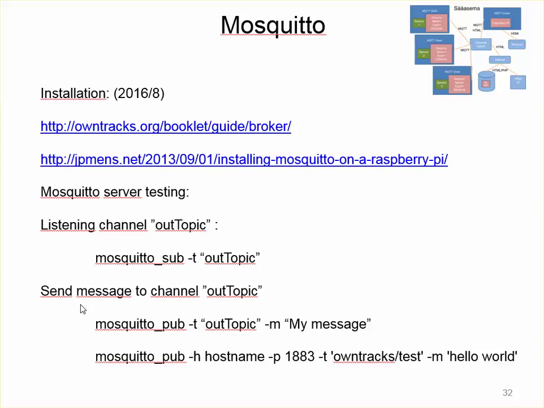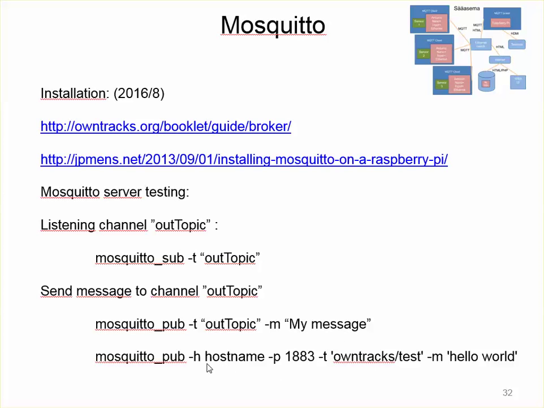You can open a second terminal window and then send to that channel, and the syntax is here: topic, out topic, M means the message, and send your message there. Now this message is supposed to appear in your subscribed terminal window. So this is the easy way to check that the Mosquitto server is working.